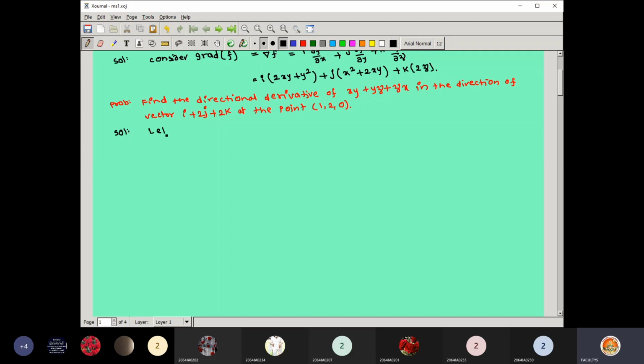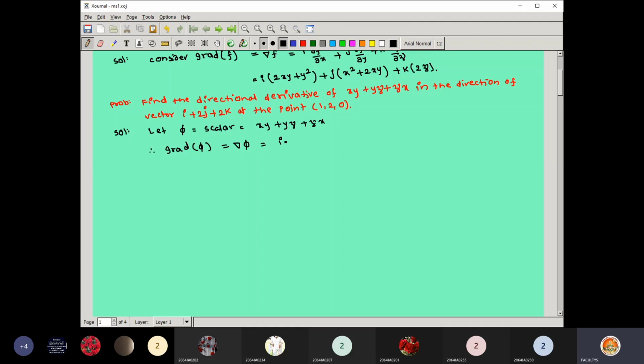As per the definition, first let me introduce a symbol phi. This is nothing but a scalar, so corresponding to this scalar function I am writing xy plus yz plus zx. For this scalar, you are calculating the gradient. So gradient of phi is denoted by del phi.